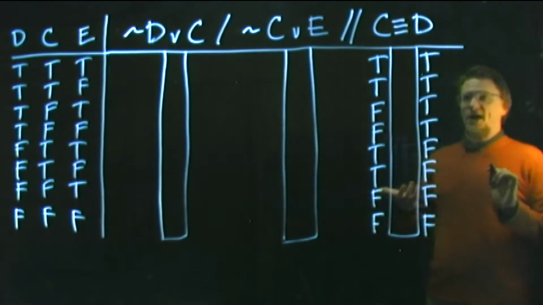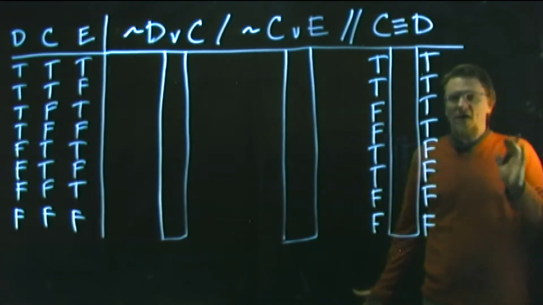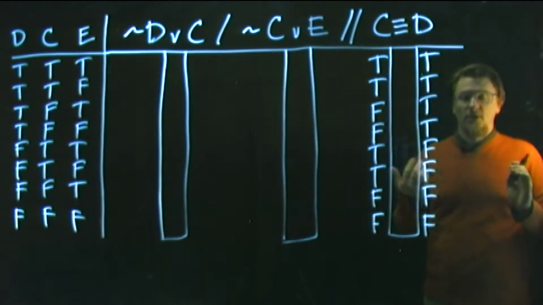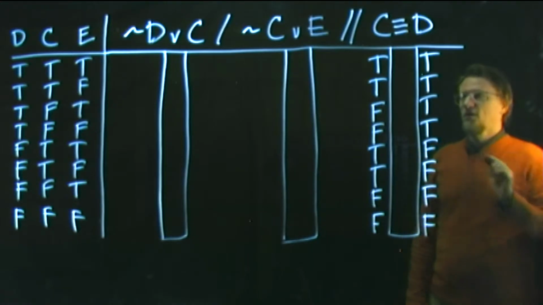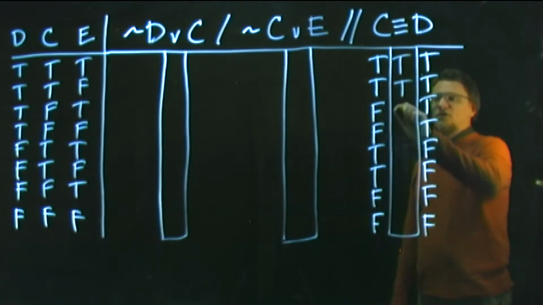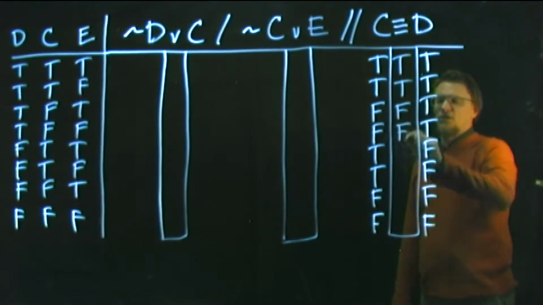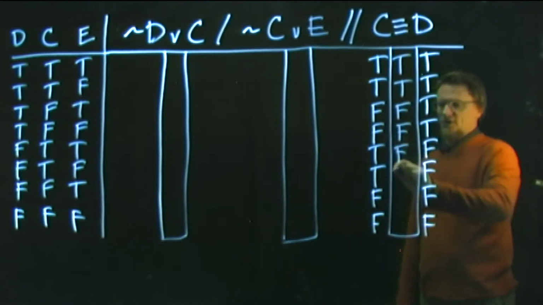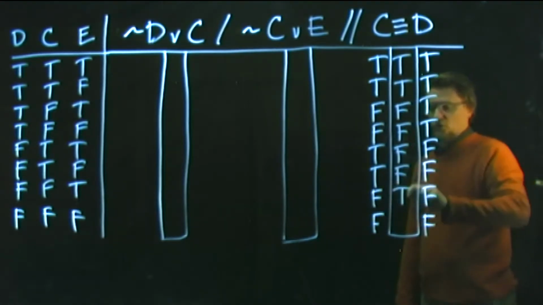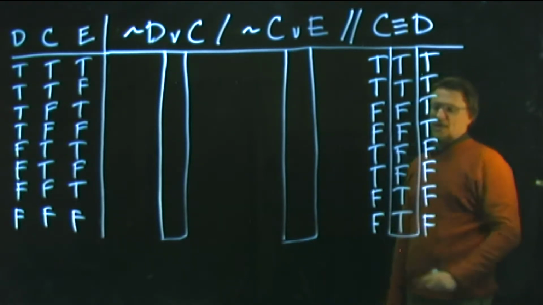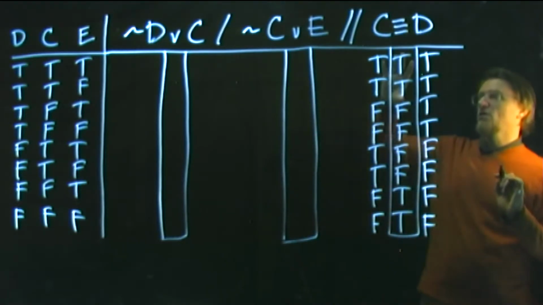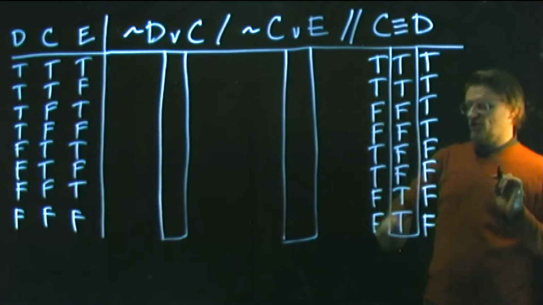This is great practice again for the triple bar, and all we have to do is remember that when the two sides match, the triple bar is true, and when they're different, then it is false. So they match, true, different, false, different, false, different, false, different, false, and then look, they match again, so it's true, and they match again down here in the 8th row, so it's true there as well. So we get, for our conclusion, 2 trues, then 4 falses, and then 2 trues.